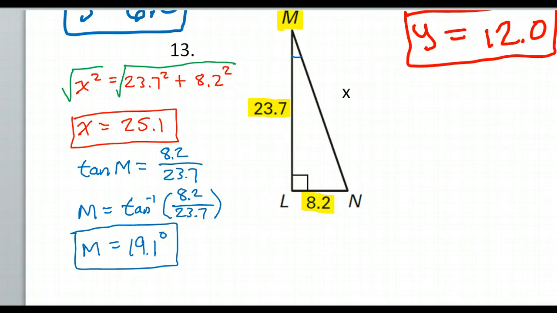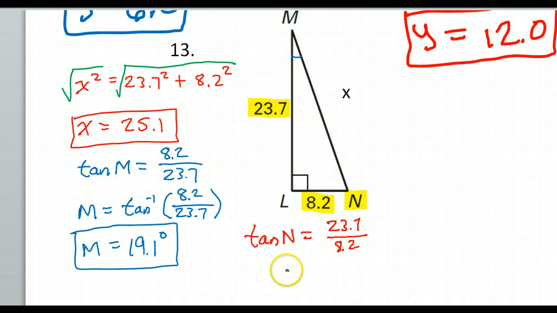So if I want to go back and find angle N this time, so here's angle N, now suddenly I'm dealing with, well, you know what, same thing. I'm still dealing with opposite over adjacent. It's just the fraction is upside down. So it's still going to be tangent. So tangent of N is equal to opposite over adjacent. So 23.7 over 8.2.